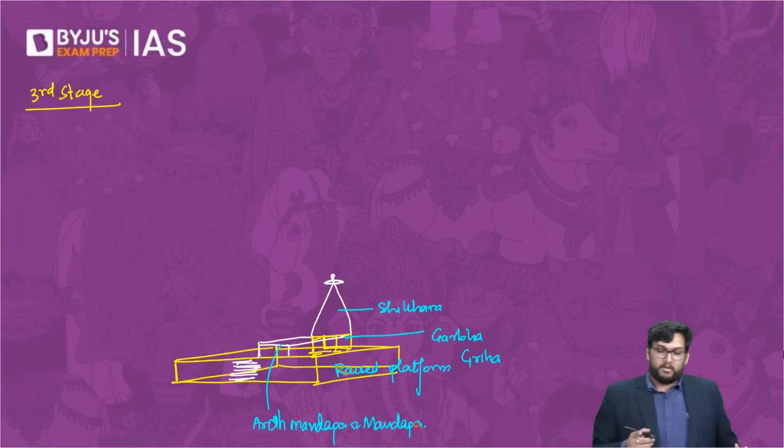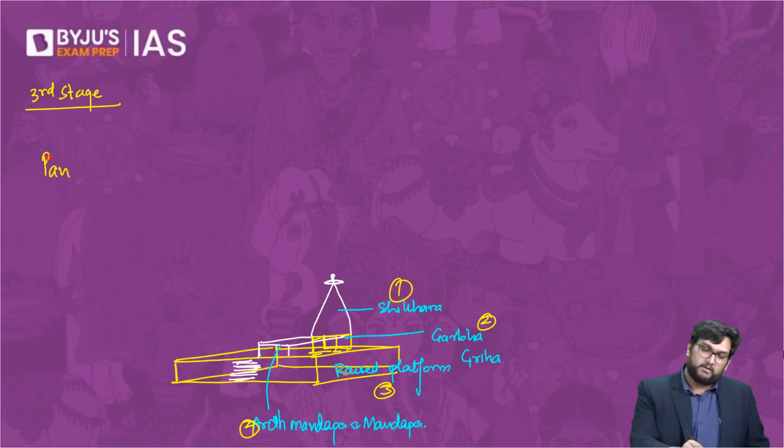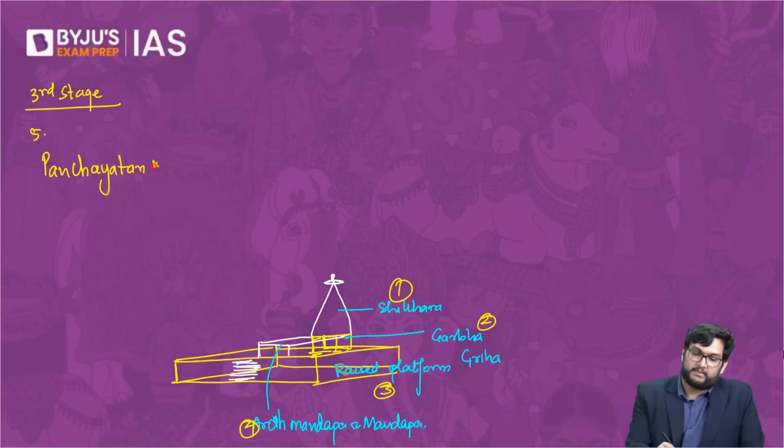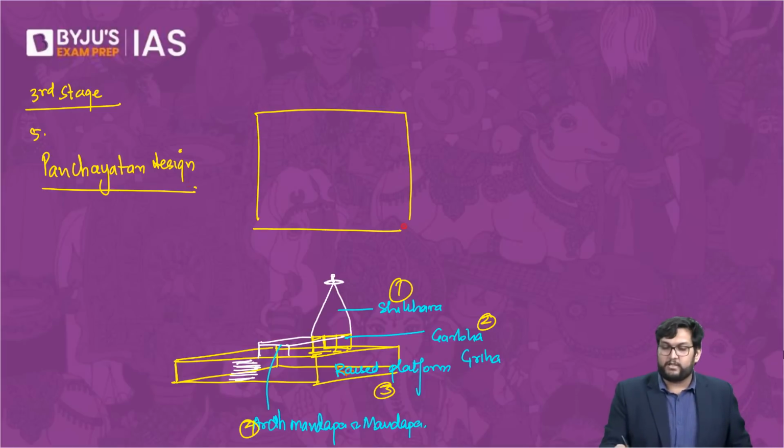Now, one more interesting thing emerges, which is called Panchayatan design. Panchayatan means that if I'm looking from top down, rather, let me make it 3D.